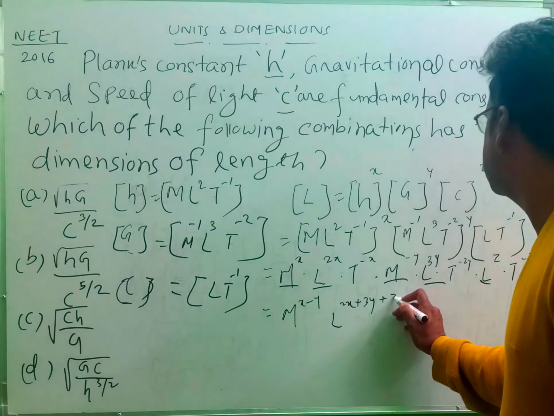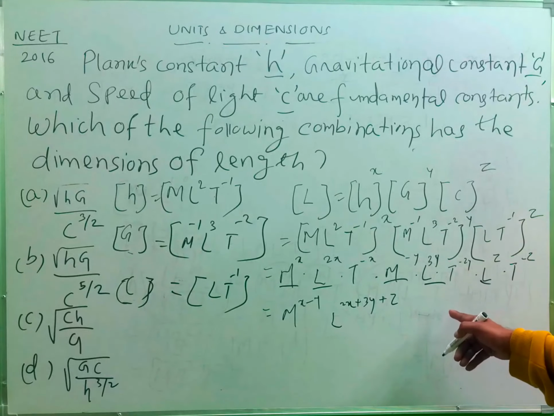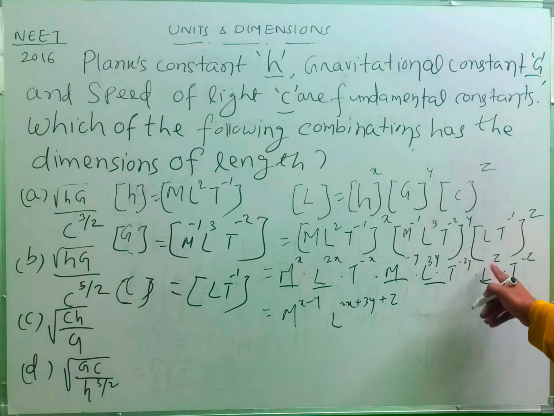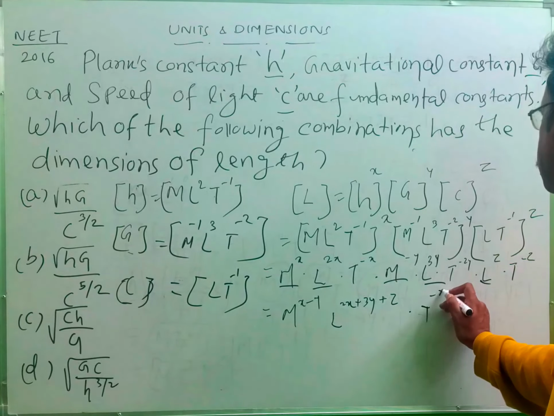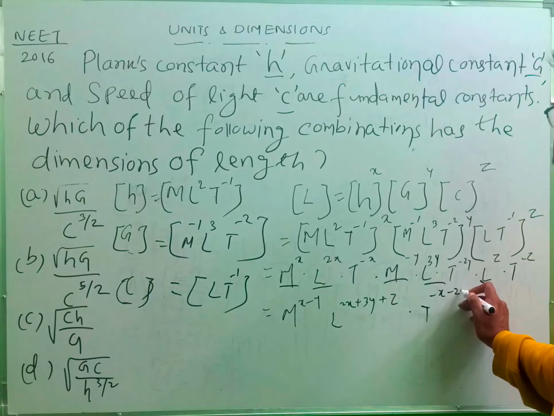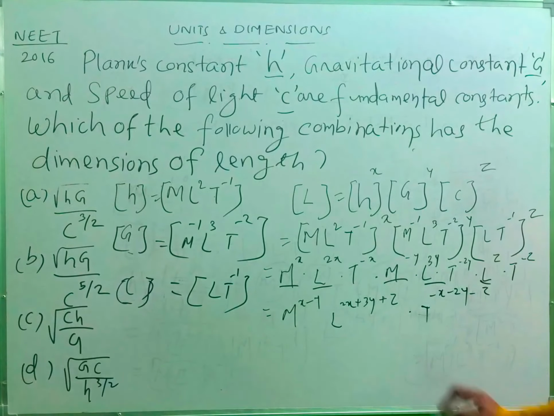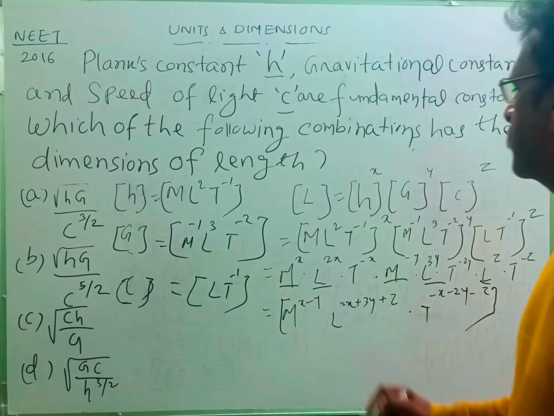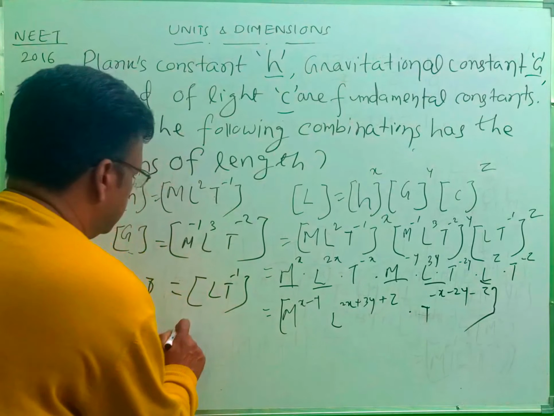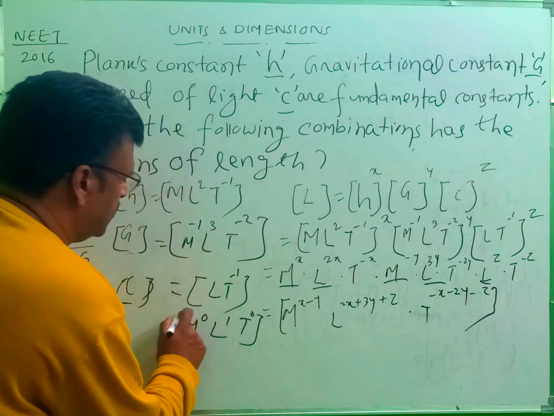So this is L to the power 2x plus 3y plus z. And what is the power of T? T to the power minus x, here T to the power minus 2y and T to the power minus z. Okay, students? And this is equal to the dimensions of length. What is length? The length dimension is M⁰L¹T⁰, students.